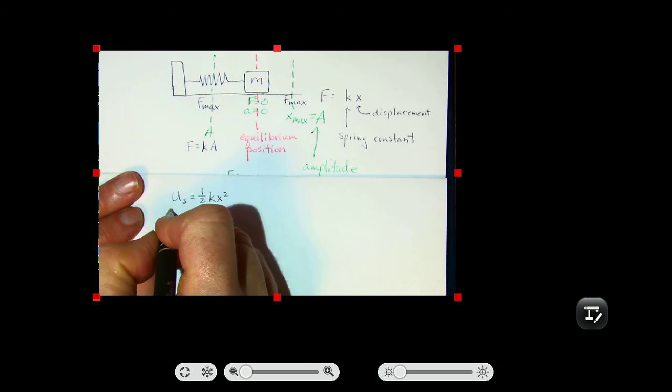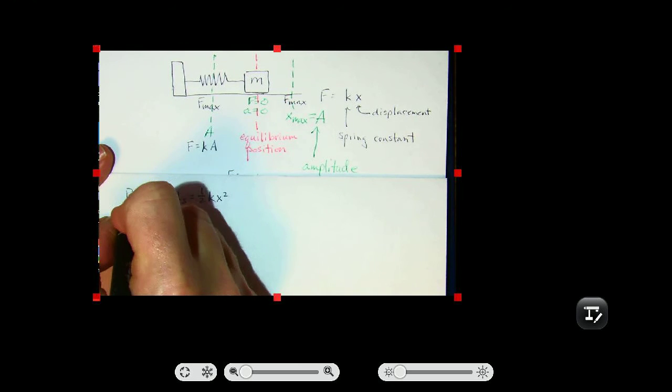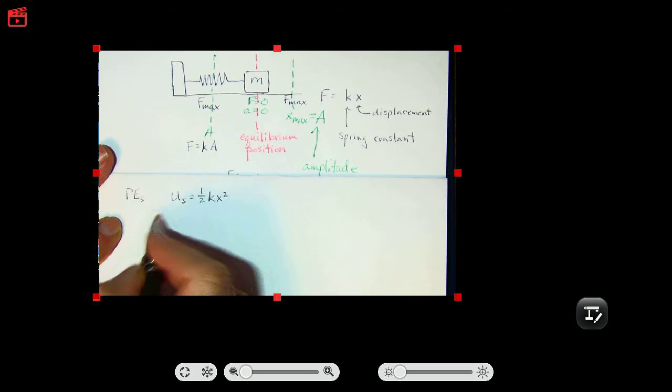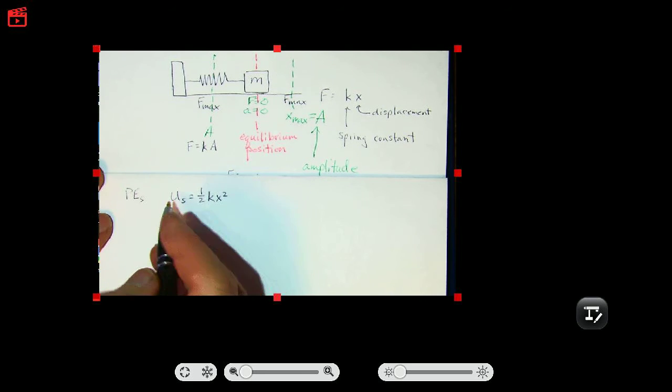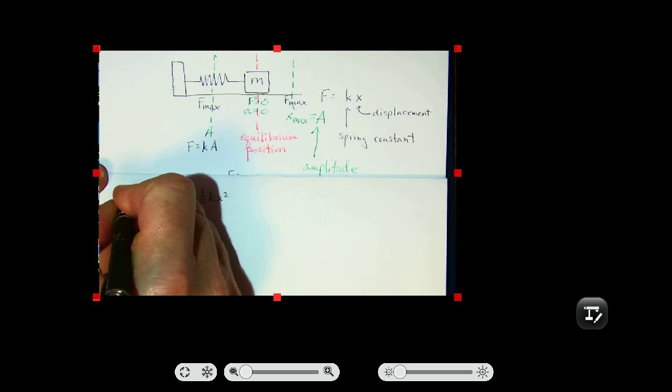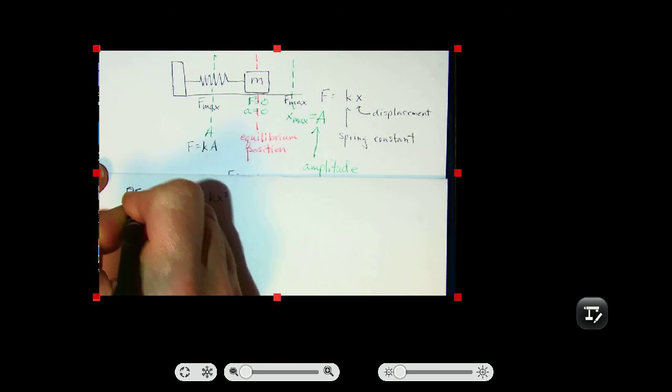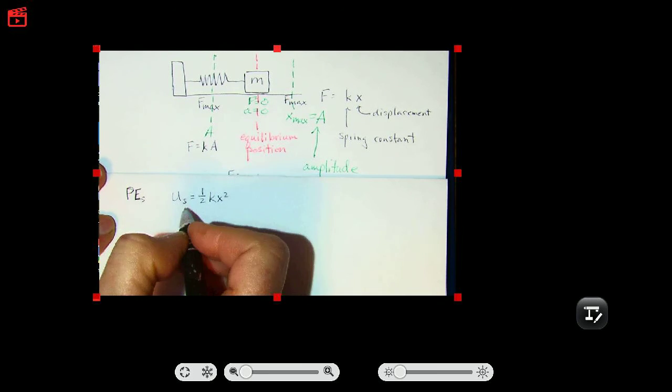I think we probably wrote this before as PE for a spring. The College Board usually uses capital U here.